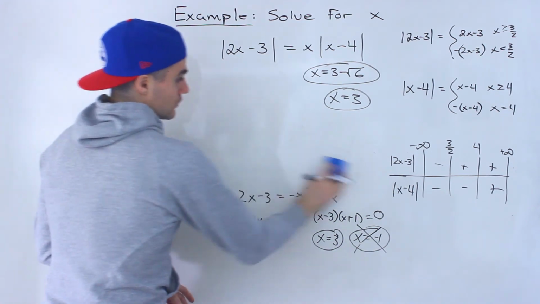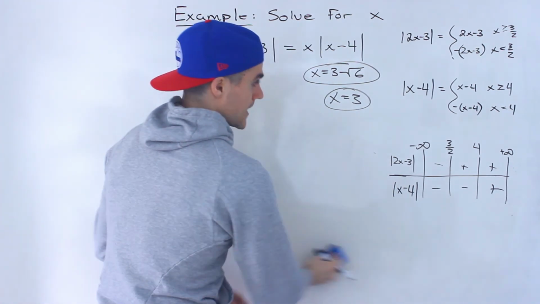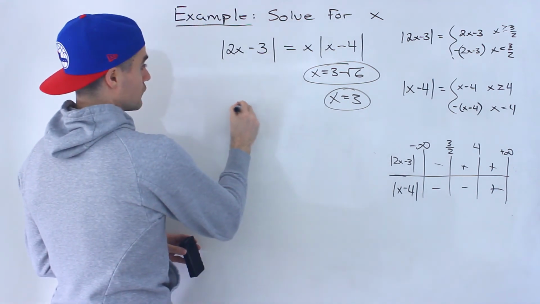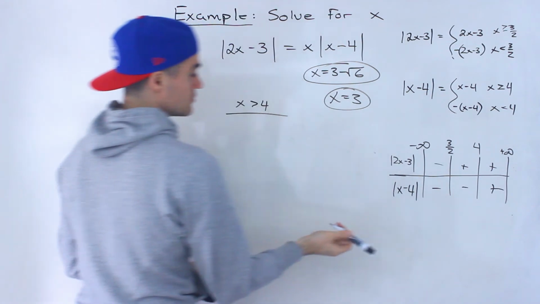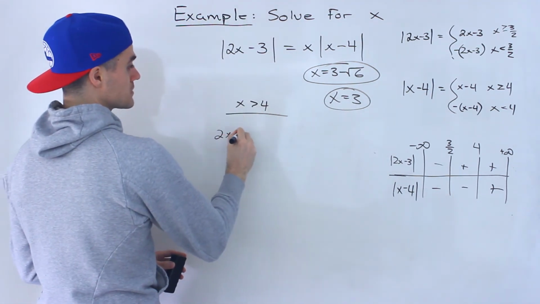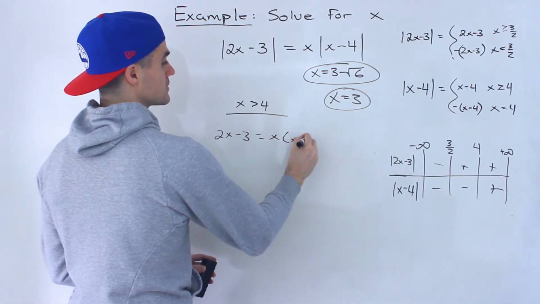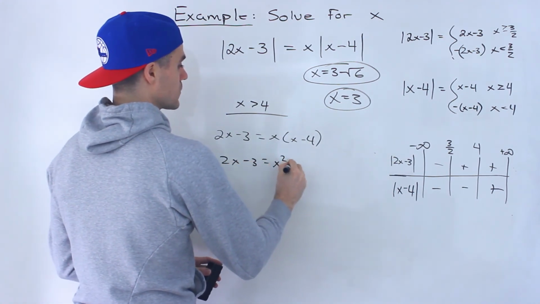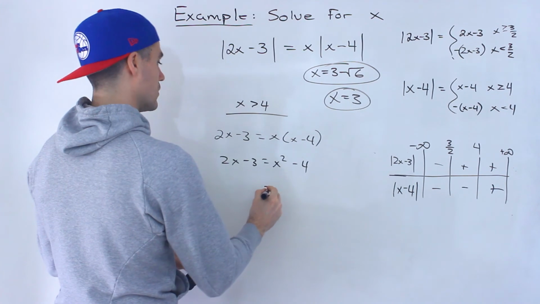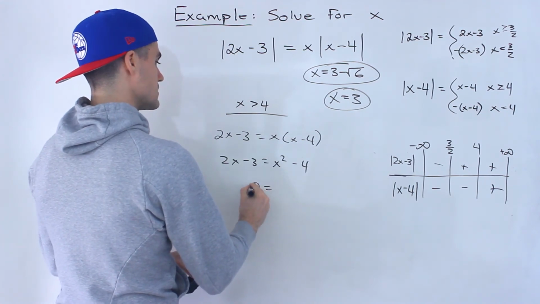And then the last interval is when x is greater than 4. When x is greater than 4, both absolute values are positive, so we'll have 2x minus 3 equals x times x minus 4. 2x minus 3 equals x squared minus 4x.